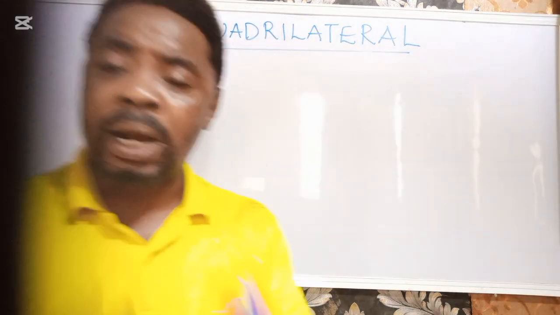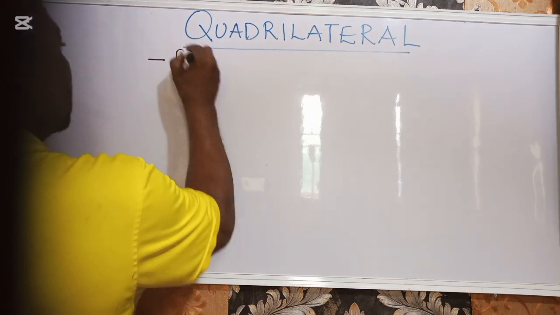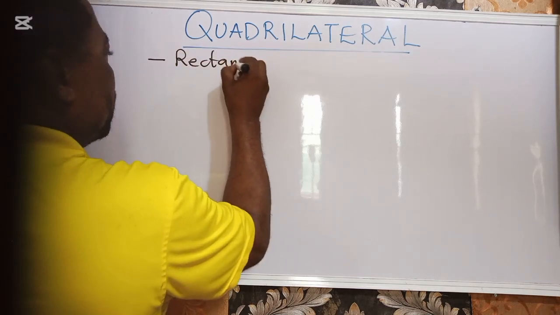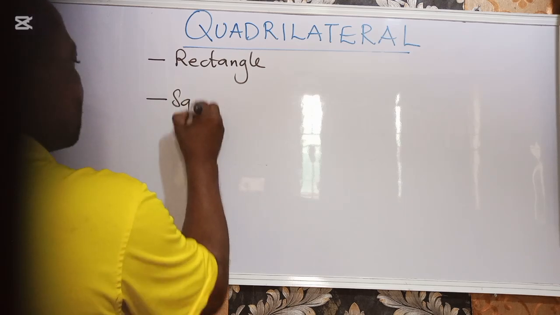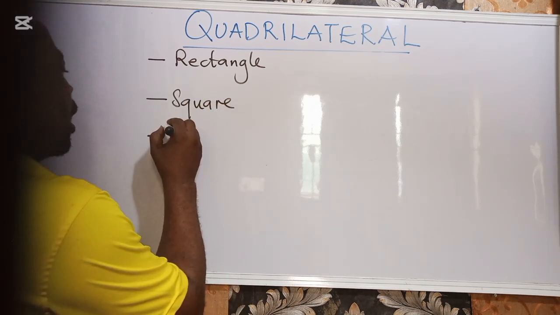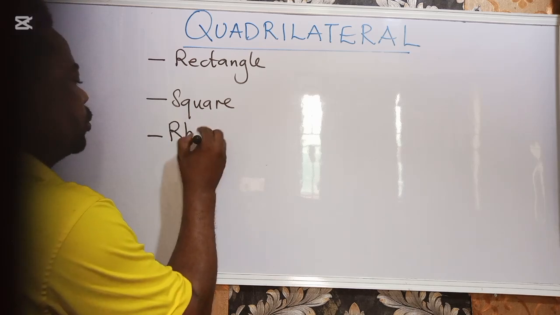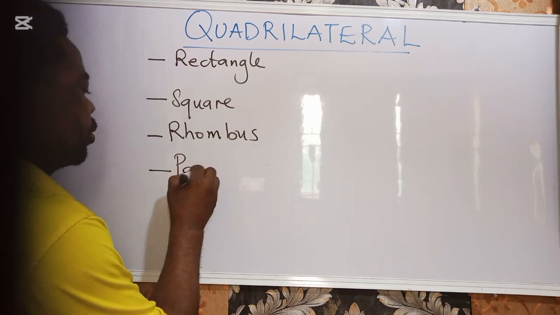Let us start picking them one after the other because we have a lot of them. The first one is what? Rectangle. The second one is what? Square. The third one is what? Let's say rhombus. Then the next one is parallelogram.